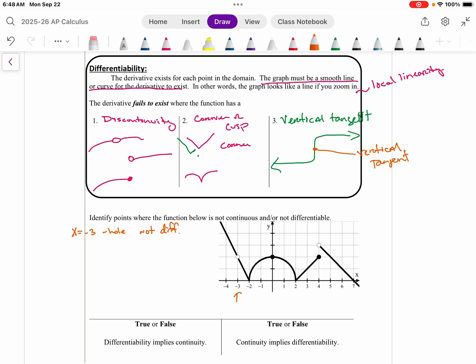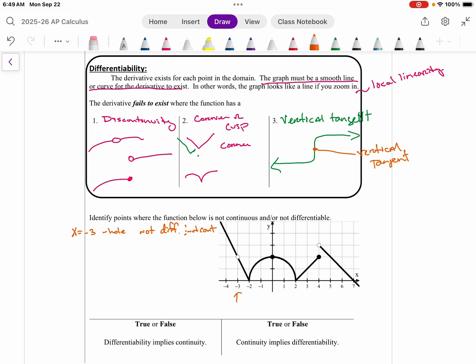Now, the limit does exist. We can tell the limit as x approaches -3 from both sides is 2. However, it's not differentiable because there is a hole, and that hole also indicates that it's not continuous. Those are some sidebar questions they may ask.